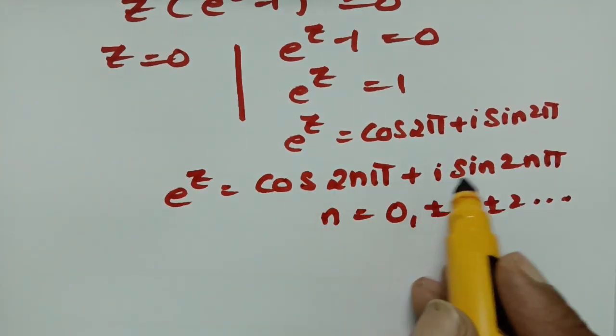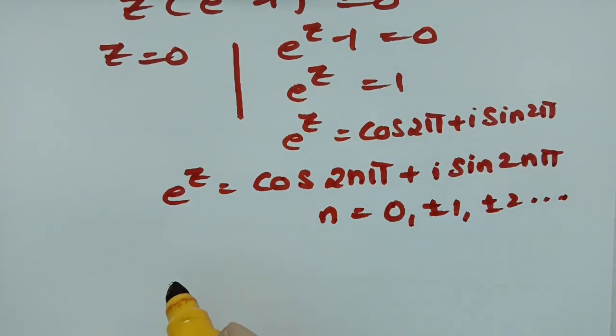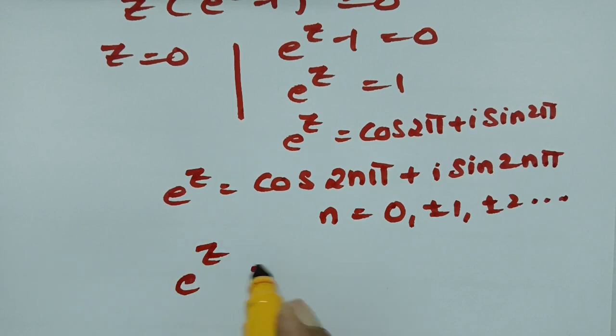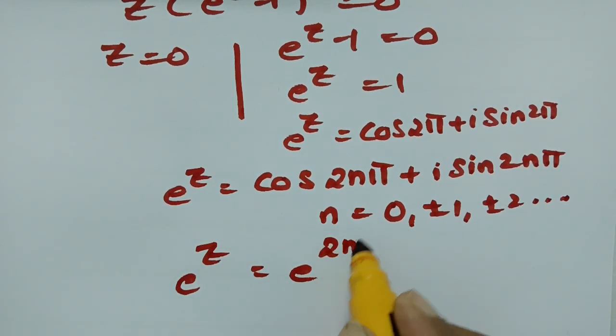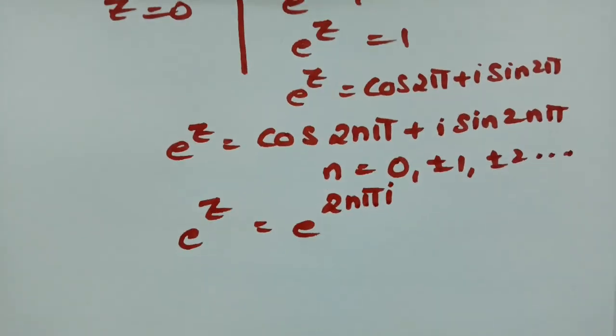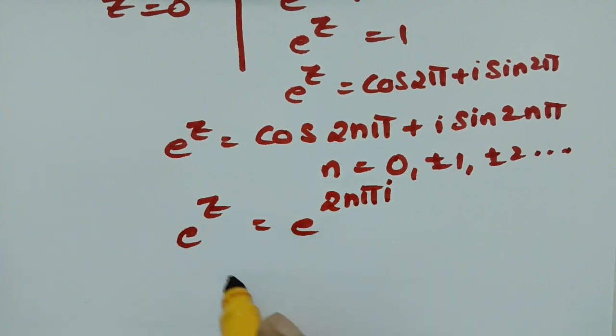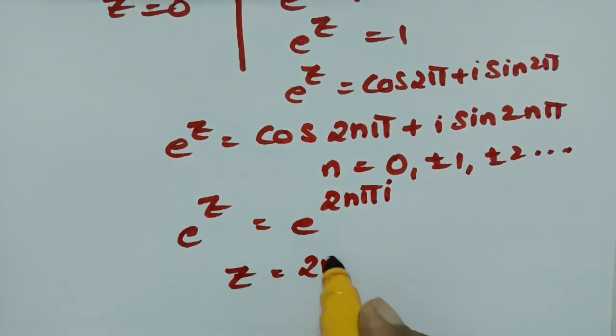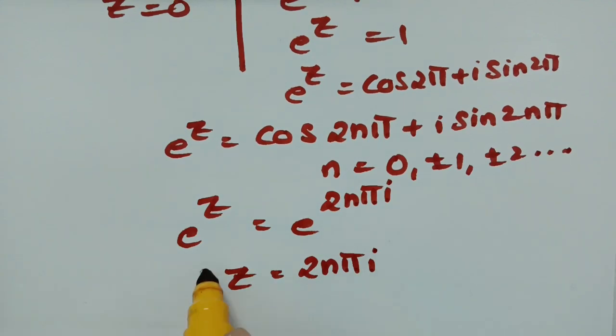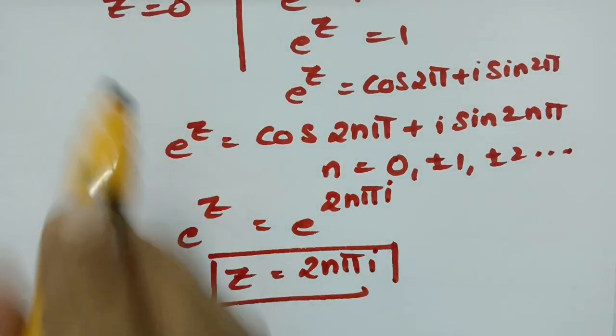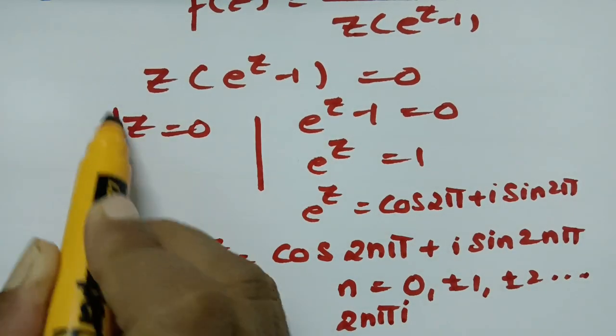So cos θ + i sin θ can be written as e^(iθ). So e^z = e^(2nπi). Here the bases are equal, so equating the powers, z = 2nπi. So this is one pole and z = 0 is another pole.